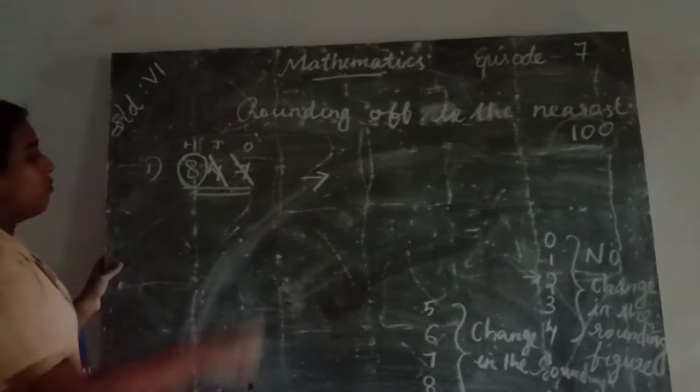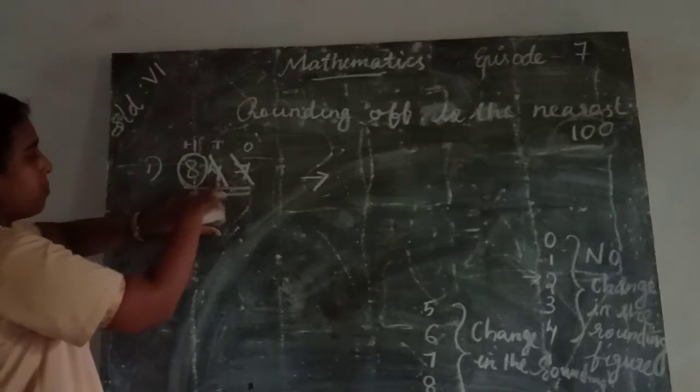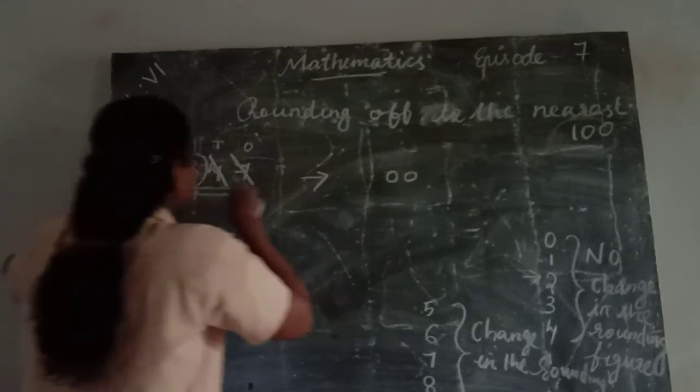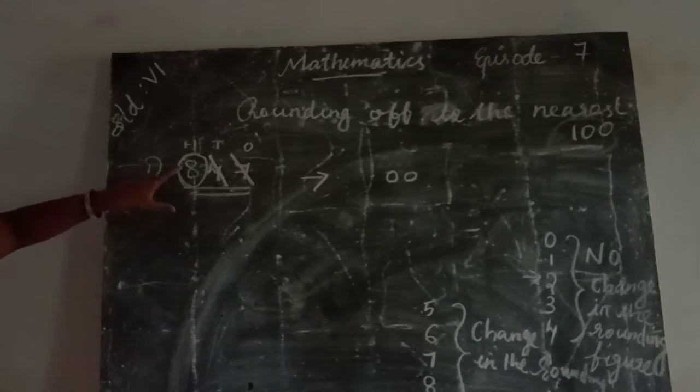For the estimate, we write zeros at the off number positions. Here 2 numbers are off, so we write 2 zeros at the off digits positions. And here 8 is the rounded position.